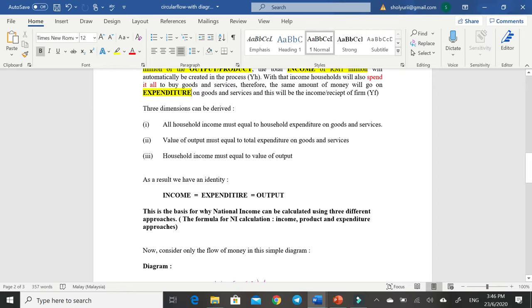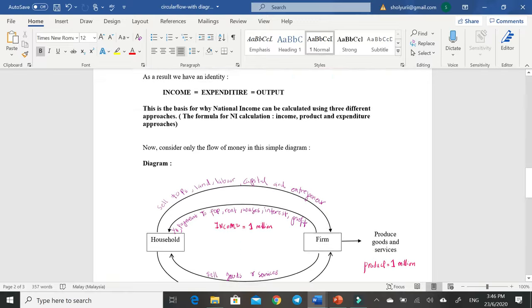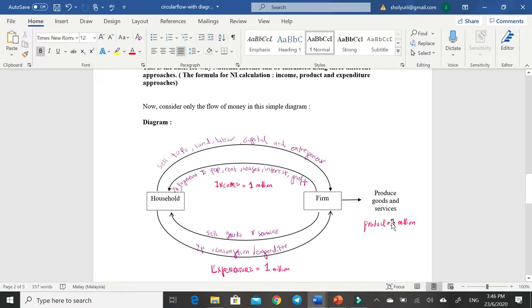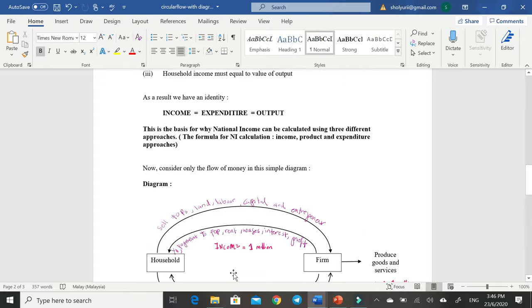All household income must equals to household expenditure. Pendapatan household mesti semua sekali akan dibelanjakan. Yang kedua, value of output yang firm hasilkan tu must equals to total expenditure on goods and services. Sebab kita dah tahu household akan beli semua sekali, so output produk mesti sama dengan expenditure.